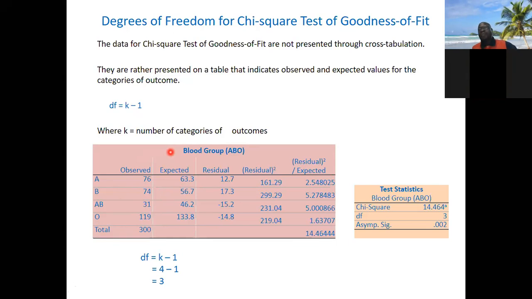So in this case, for the test of goodness of fit, this one looks like a one sample t-test, where you are comparing your sample with a known population value. It's the same thing here. You are comparing the proportion you have in the 4 categories, with the percentage in the population, the theoretical one.